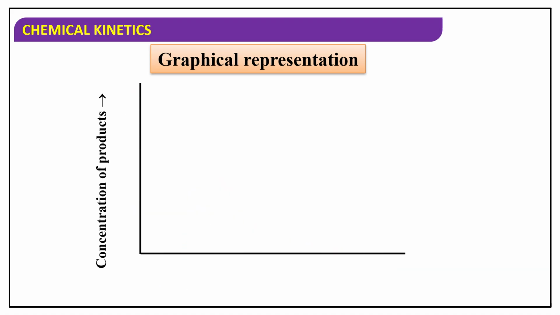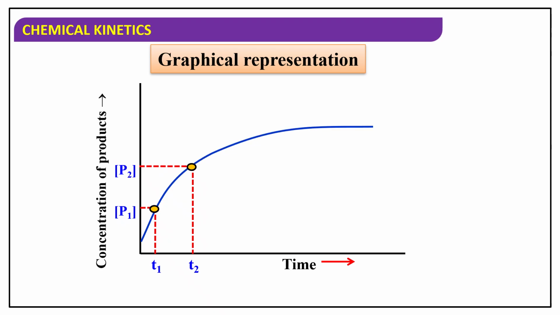Now if we are drawing the graph of concentration of product with time, we know the concentration of product increases with time. If the concentration of product is P1 at time T1, and at time T2 its concentration has increased to P2, then if we join these points, we will get a graph like that.